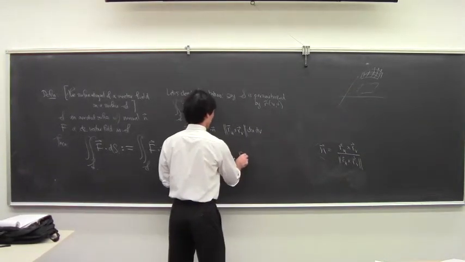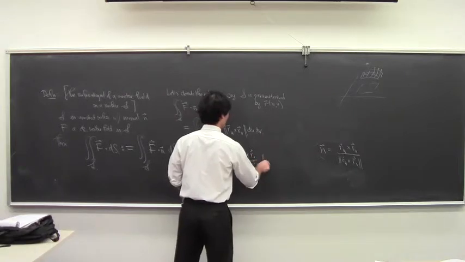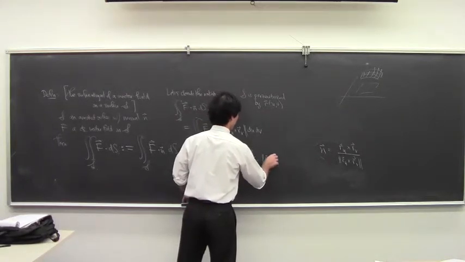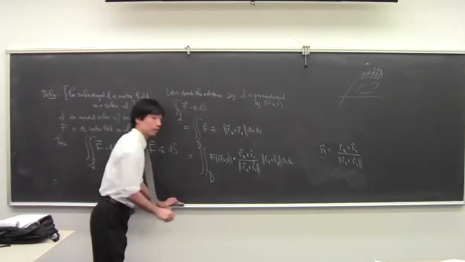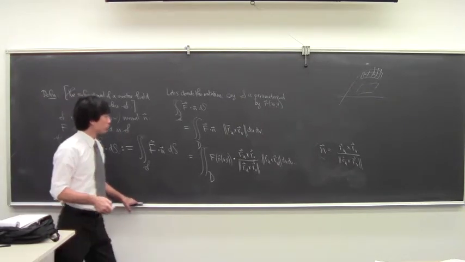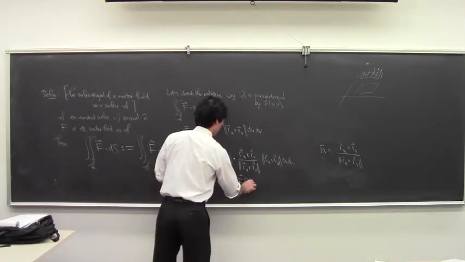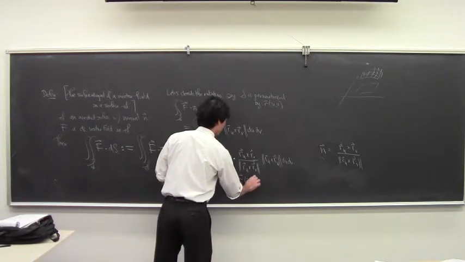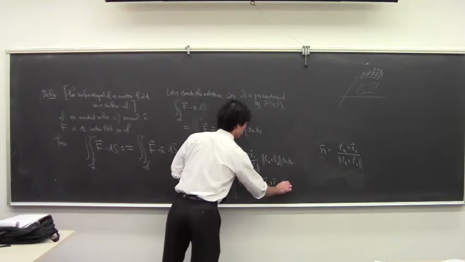N is r_u cross r_v over the magnitude of r_u cross r_v, and we multiply that by the magnitude of r_u cross r_v, du dv over D. And so in terms of calculating it, what you end up with is F of r(u,v) dotted against r_u cross r_v du dv.